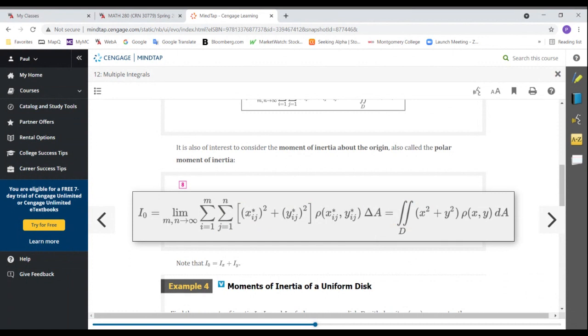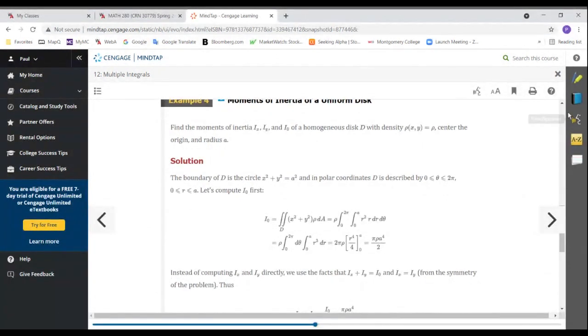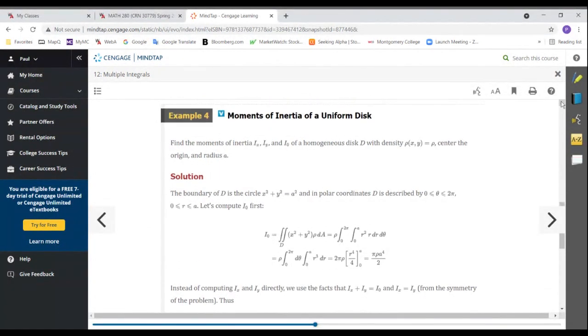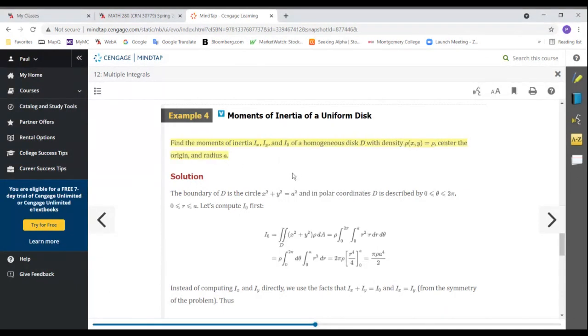The book gives the formulas and you apply the formulas. I'll leave it up to a physics class to go into detail about these formulas, but then they have an example 4 where they talk about moments of inertia of a uniform disk. They're letting the radius be radius a. So they're going to get some general formulas.